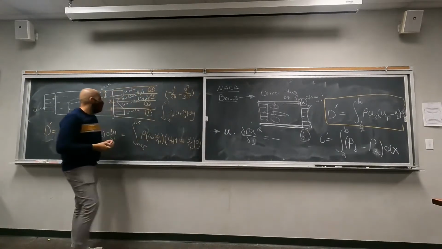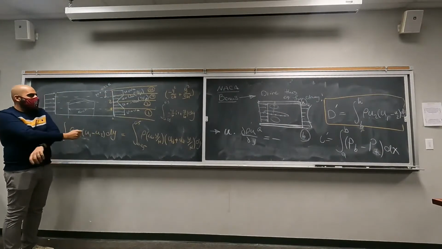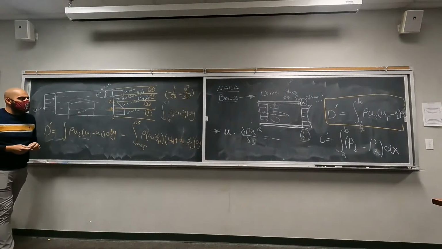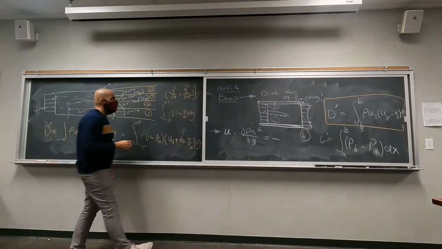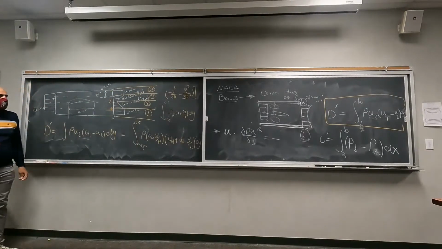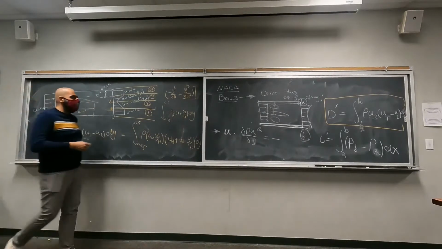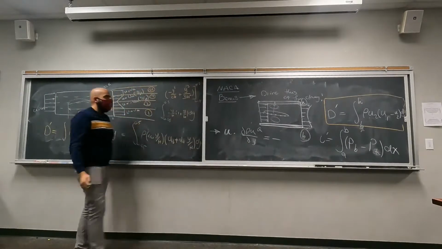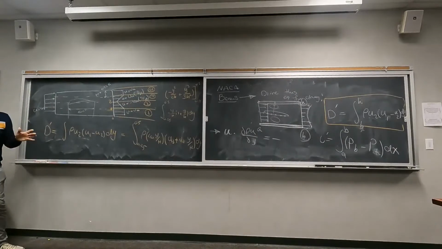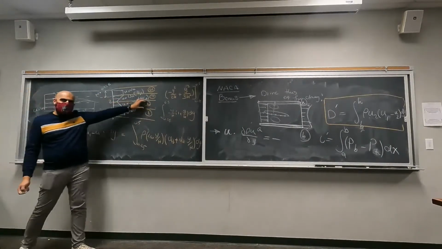And h here is 25% of your chord length, which here we assume chord length is 1, so it's going to be 0.25. And this is for 0.25 to 0.5. Okay, we're going to have the solution to this part of the integral.